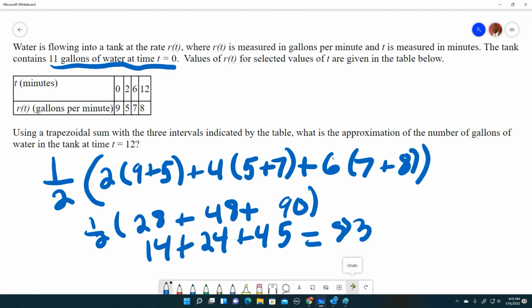However, remember there was 11 gallons at time t equals 0. So we have to remember to add that 11. And so the answer to the question is 94.